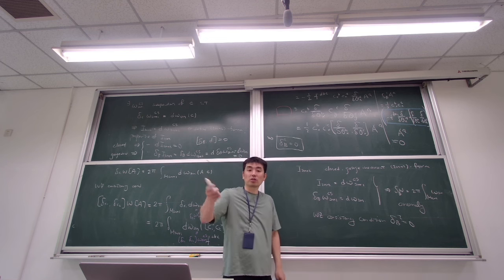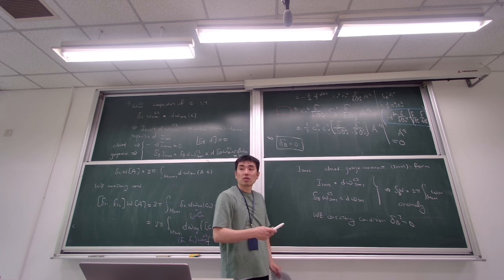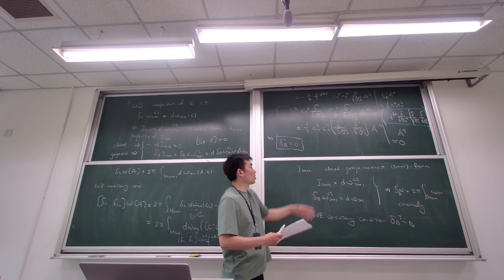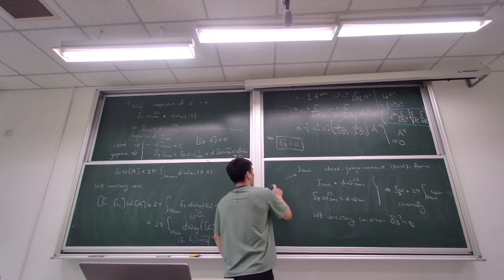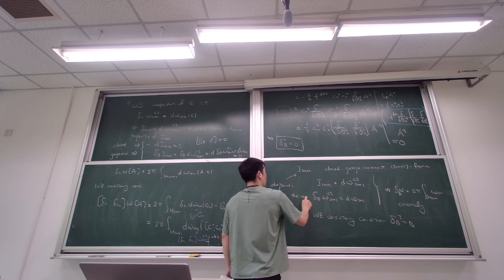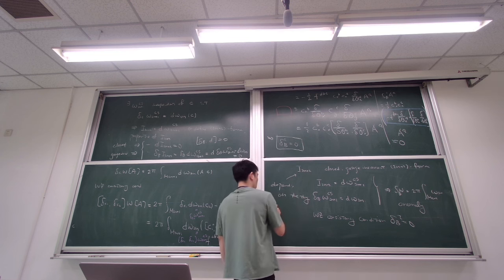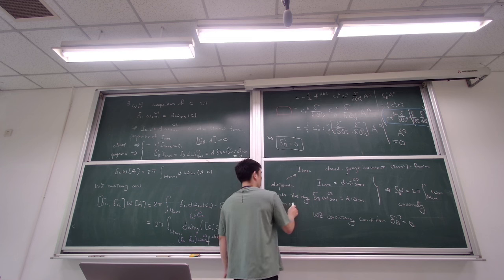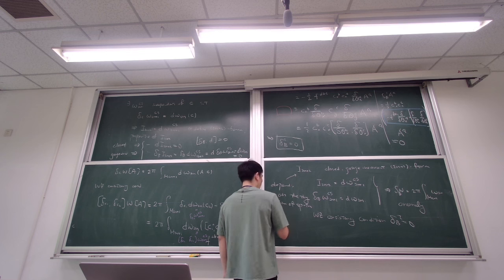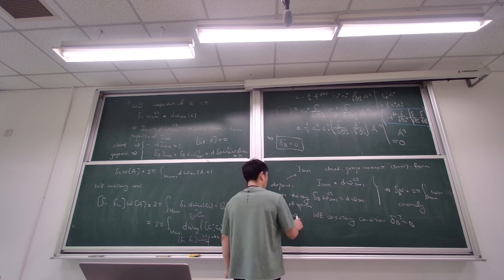You don't need to take a picture, because it's recorded and the video is available. Starting from this action, this depends on the theory, especially the dimension of space-time and also the matter content, the content of chiral fermions.